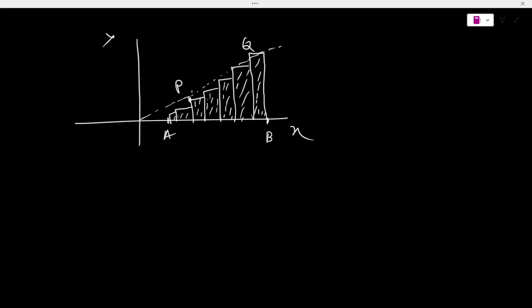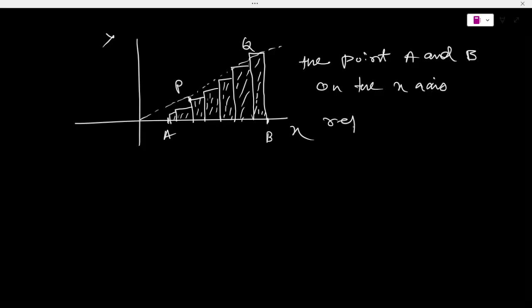The points a and b on the x-axis represent x equal to a and x equal to b.